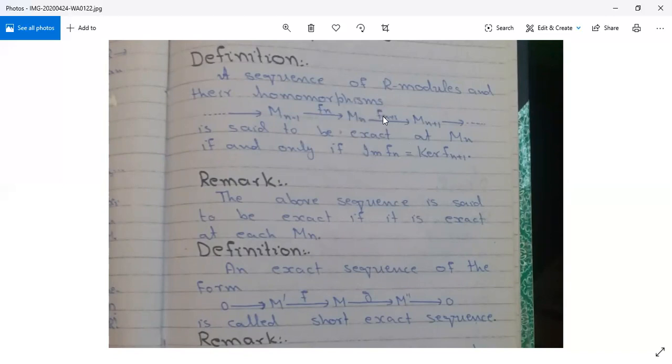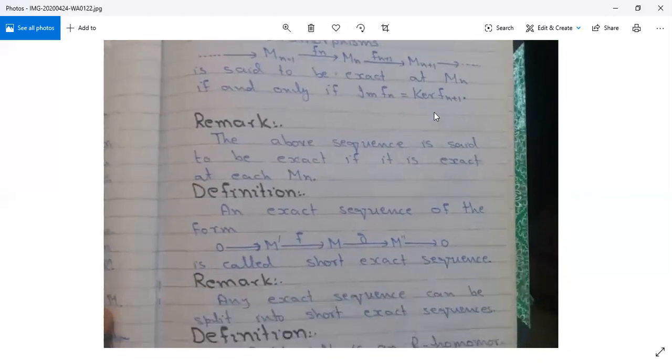Basically, the kernel contains those elements of the function Fn plus 1 which are taken from here and assigned to the identity. So the kernel of F contains the elements of this set, and this must be equal for exactness.